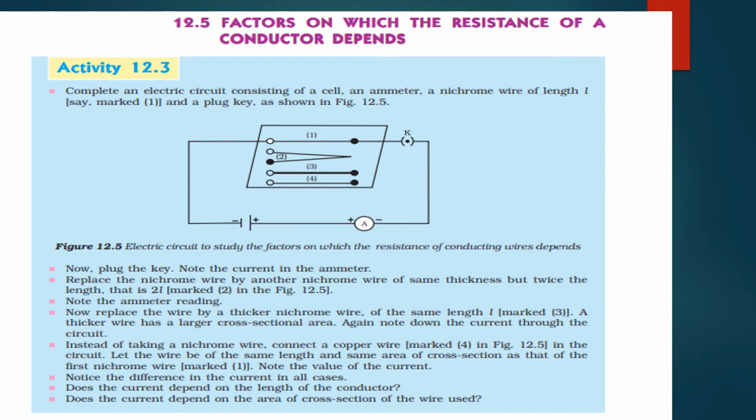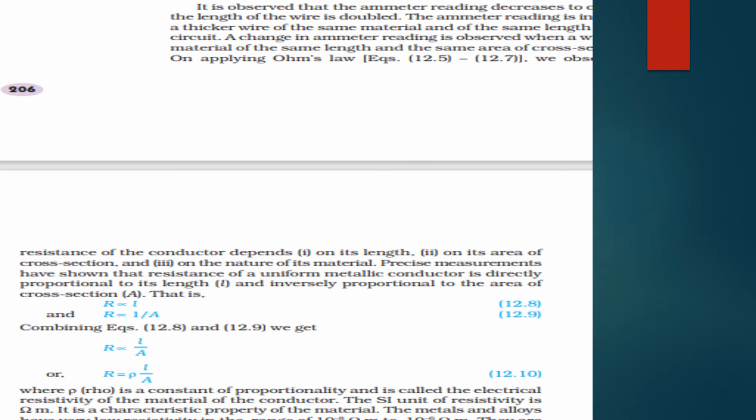So what will we observe? Let's discuss. We observe that the ammeter reading decreases as the length of the wire is doubled. The ammeter reading is higher in a thicker wire of the same material and the same length.